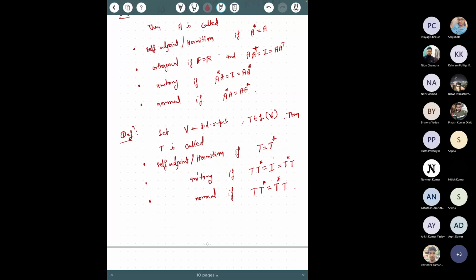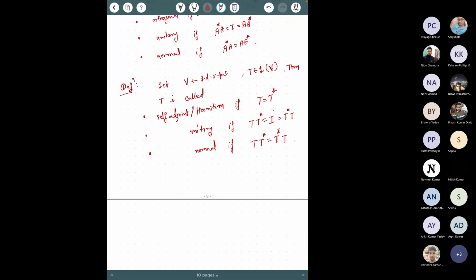So what I'm saying is the following: can we say that if T is self-adjoint, or T is Hermitian, then the matrix of T is the same as the matrix of T star, with respect to some basis? Or when T is unitary, then the matrix of T and T star satisfy this relation. Similarly for unitary matrices also.